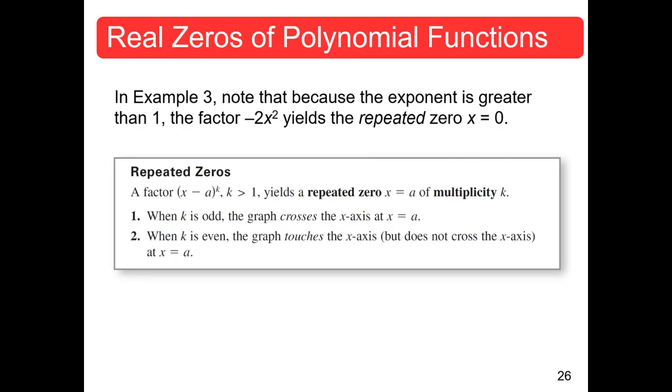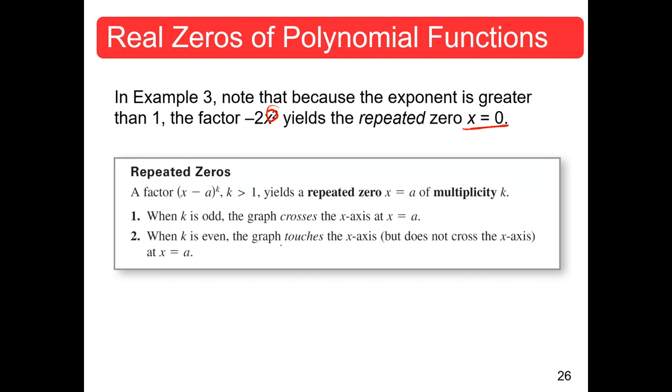And let's look at what happens. Notice that we have an x squared equals 0. This is repeated. So that means we have 2 x equals 0. That's the second solution to the zero because it's repeated twice. That x on the graph is what I consider a bounce.